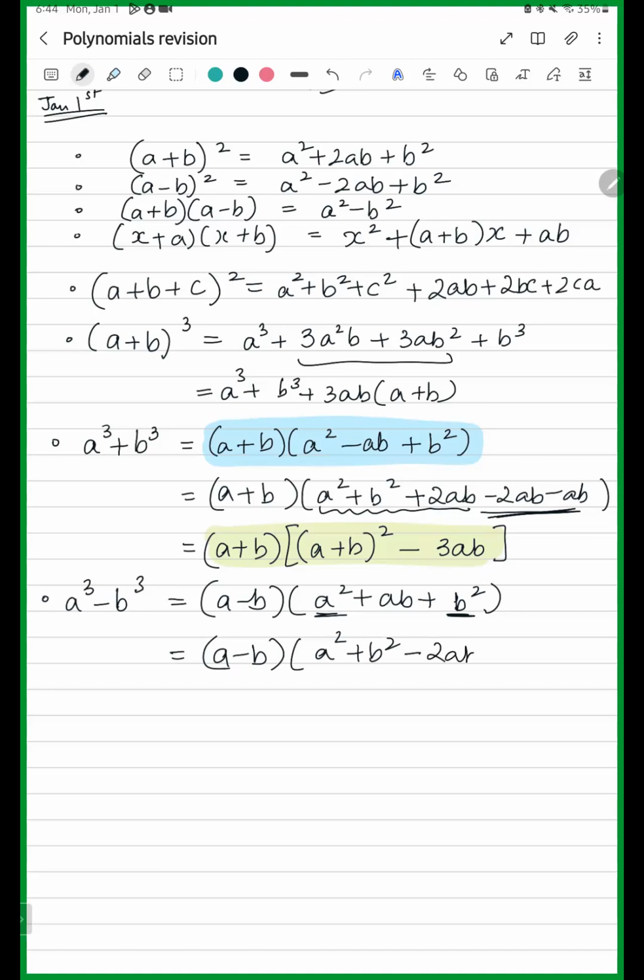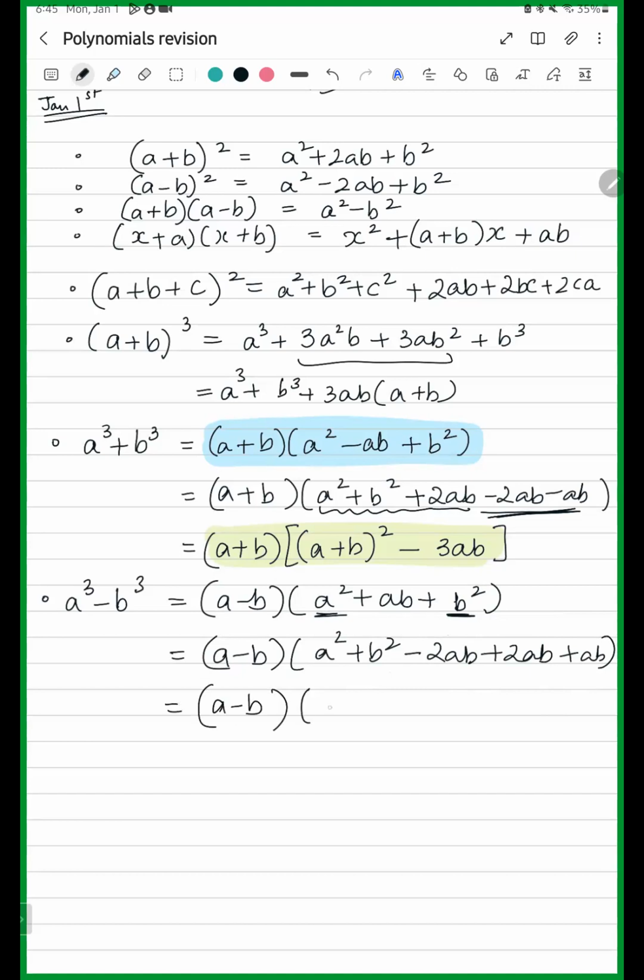So minus 2ab plus 2ab plus ab. Why am I doing minus 2 plus 2? Because minus 2 plus 2 is 0, right? So there was nothing apart from a square plus b square plus ab. And nothing means 0, so in place of 0, I have put minus 2ab plus 2ab, so that we get a particular form that we are going to derive. And this is that form.